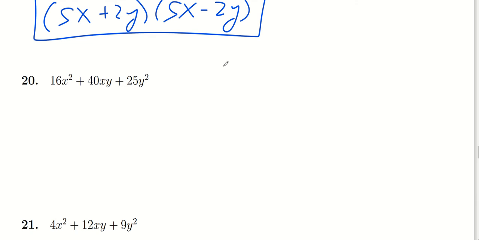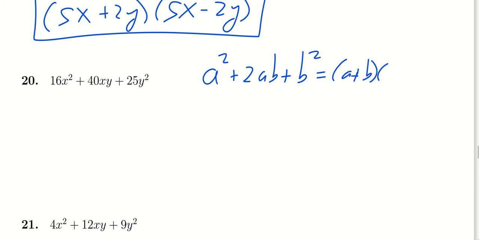We come down to the next example where it looks like we're back to trinomials, and we are, but one of the things you want to be on the lookout for is if you have a perfect square trinomial. These are of the form a squared plus 2ab plus b squared. They factor as a plus b times a plus b, where the factors are identical to each other.